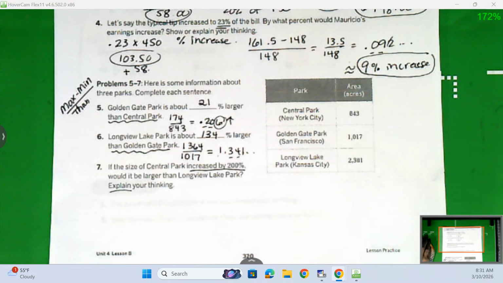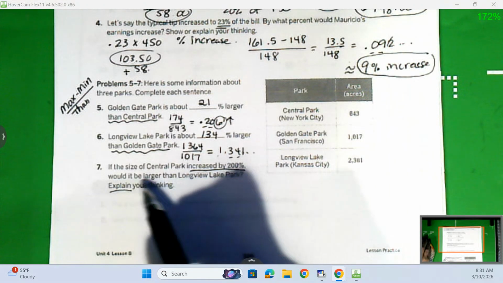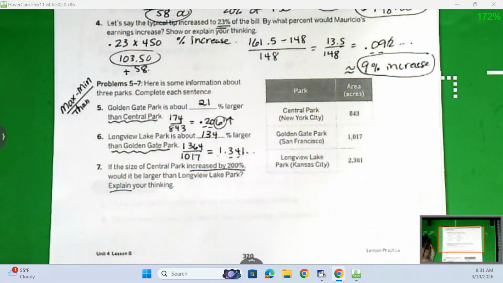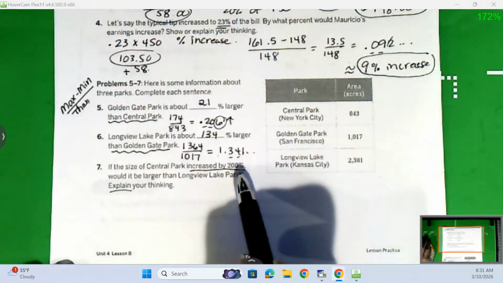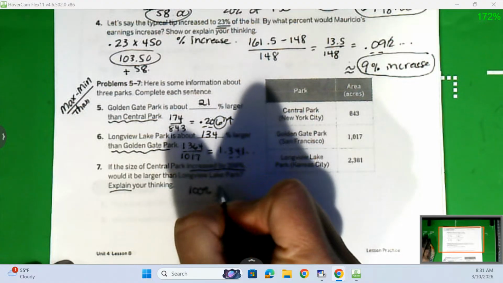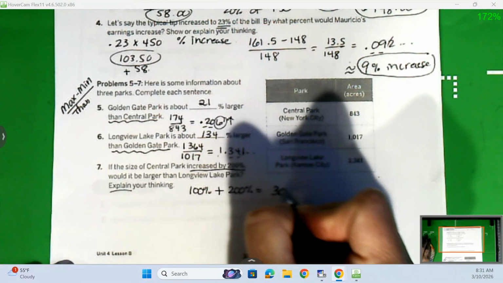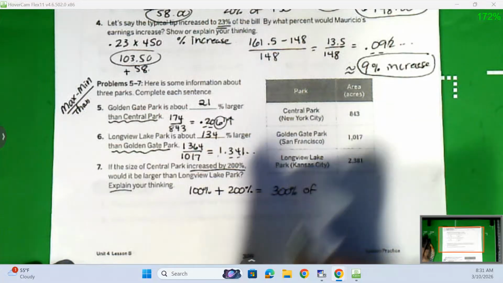Okay, and then we have question 7. Is the size of Central Park increased by 200%? Would it be larger than Longview Lake? So if you have an increase of 200%, that means you have 100% of it plus the 200% increase, means you're looking at 300% of an amount.